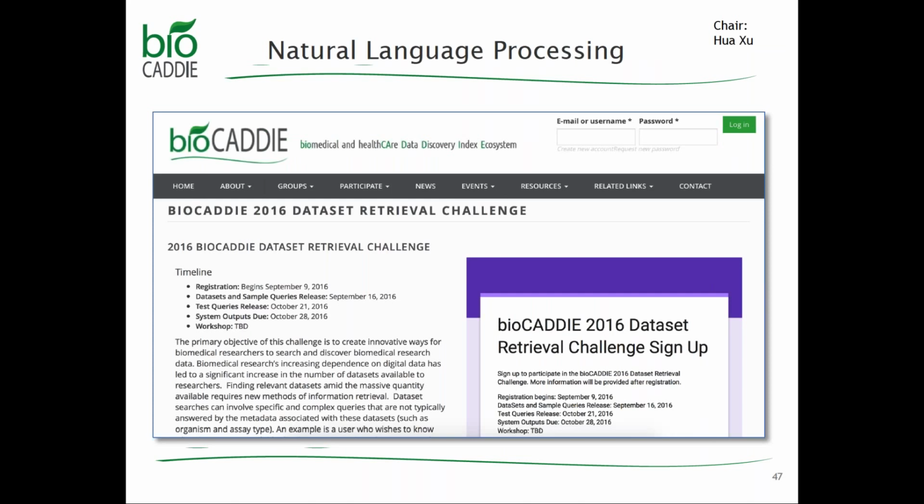Natural language processing is also an important aspect of our index because, as you know, it is very important to extract structured data from narrative text.